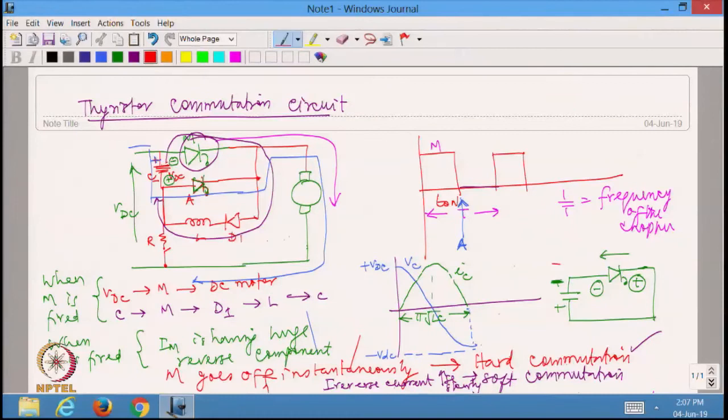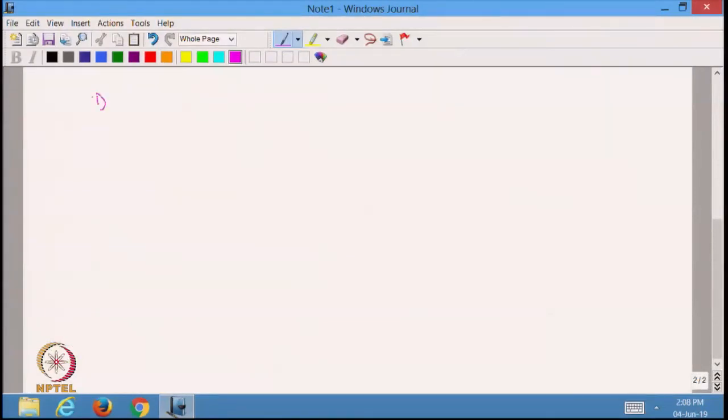So, now the freewheeling diode will take place. I can actually say freewheeling diode should have been there in the circuit because DC motor has at least some amount of inductance. Now, you can see that the current will flow like this, it is just freewheeling. So, in this particular case, you can see there are totally 3 modes. One is first when M is fired to supply the motor drive.